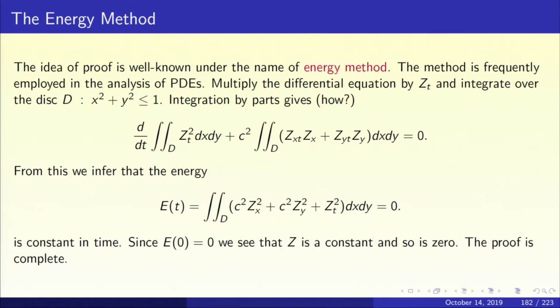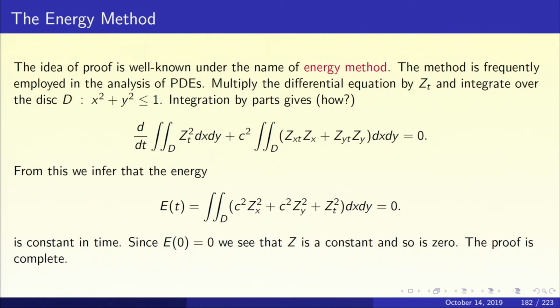Put t equal to 0, since the z_t was 0 initially and z was identically 0 initially. So, z_x is 0 initially, z_y is 0 initially. So, this E(t) is identically 0 and therefore, c squared z_x squared plus c squared z_y squared plus z_t squared must be 0.